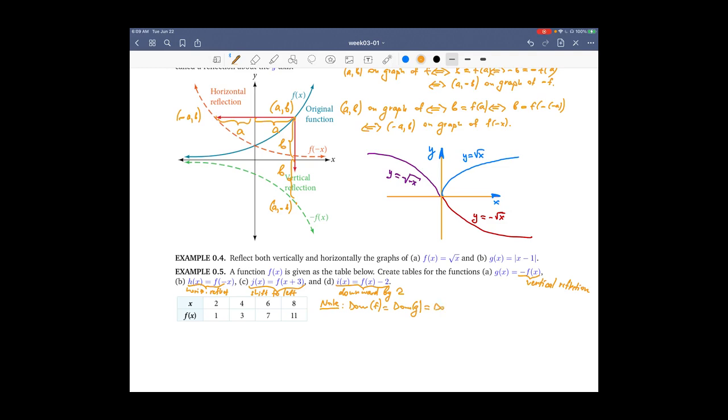That is because g and i don't involve any changes in the argument. The domains of h and j will be different. So let us start with constructing tables for the functions g and i.